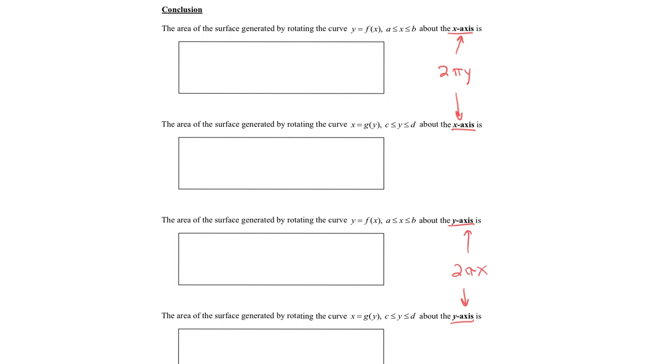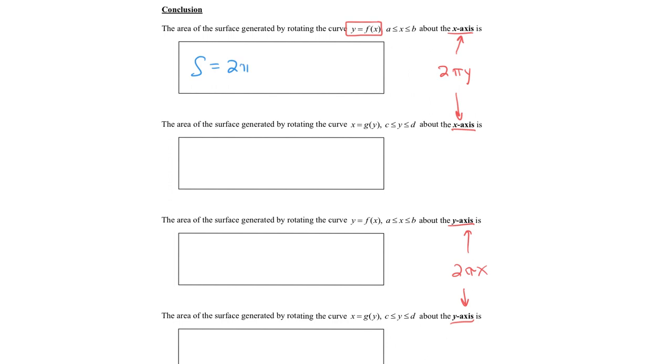Okay, and then up here, this first box, this is the curve y equals f of x. So I'm going to set this one up like this. The surface area, a lot of times you use S for surface area, SA works, whatever you want, but you see in a lot of calculus books they'll use S for surface area. So we've got 2 pi.